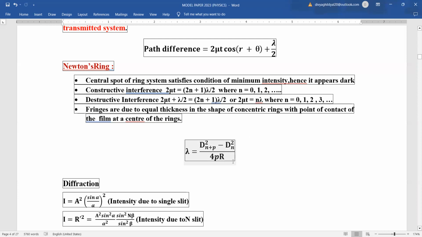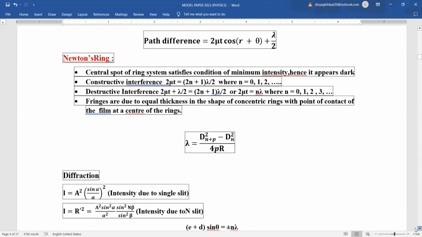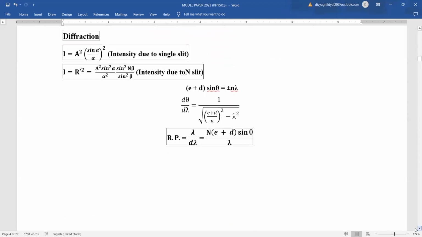Suppose the 20th ring and 16th ring, then p becomes equal to 20 minus 16 equal to 4. For diffraction, the most important heading is intensity due to single slit. So, intensity is equal to A squared into (sine alpha by alpha) whole squared. Intensity due to n slits is equal to the intensity due to a single slit multiplied by the interference factor due to n slits.